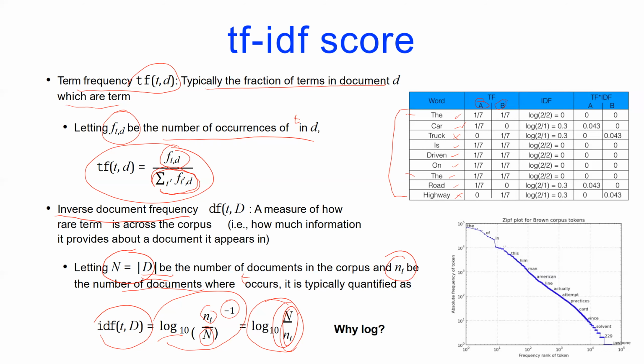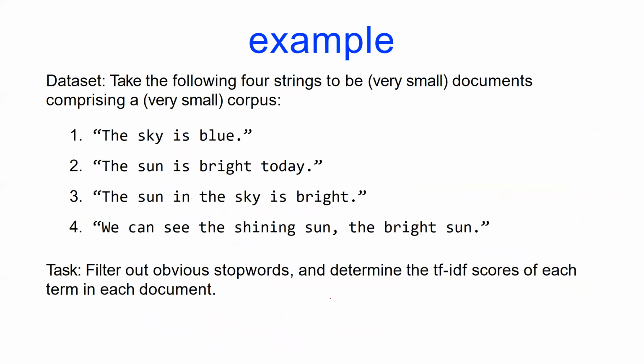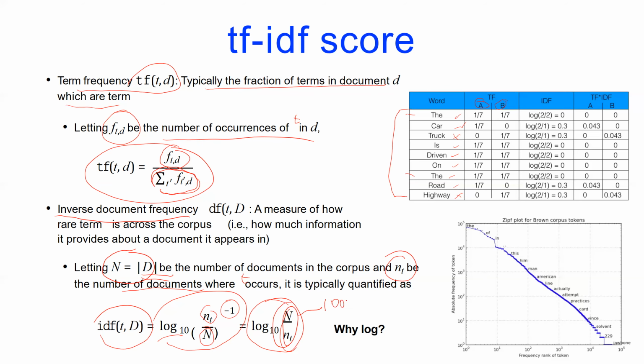So for example, if a word appeared in every document, I have 1,000 documents, and the word "truck" appeared in all 1,000 documents, then NT will be 1,000. 1,000 divided by 1,000 is 1.